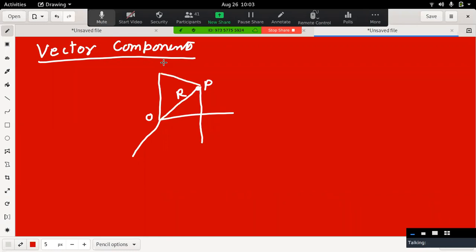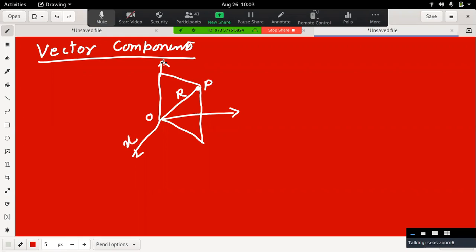Let's say there are three axes x, y, and z.